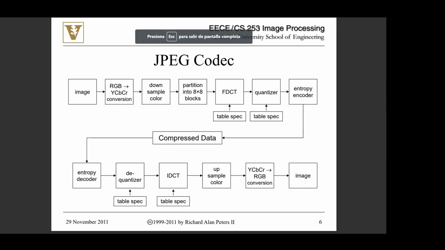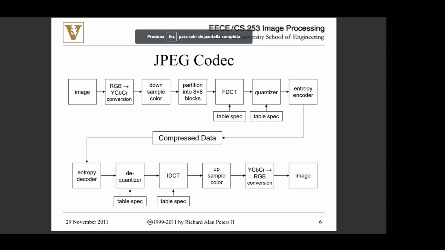So you have an image, you compress it, you save it or you send it, and then on the receiver, you have to undo the operations that you have done in the encoder. Actually, we will see that the order of operations is reversed.